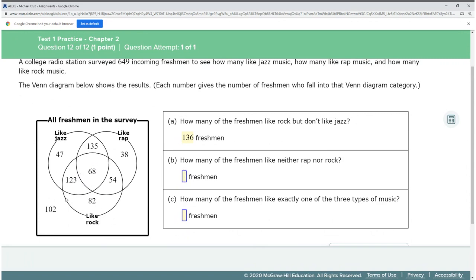So it's 149. 102 and 47. And how many like exactly 3 of these types of music? Well, there's exactly 1. So it's 47, 38, and 82.